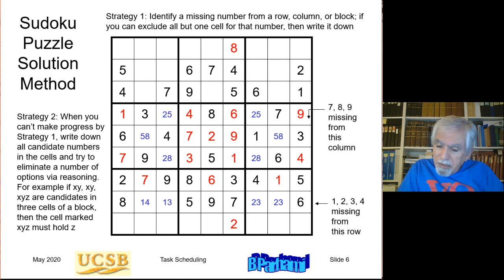Therefore, that cell should be 1. And once 1 is chosen for that cell, 1 cannot occur there. So you notice that even though there were two choices for each box, by using this reasoning that 2 and 3 will be taken by these two cells, and therefore they cannot occur anywhere else, I was able to resolve that problem. But of course, I can't resolve this part of the ambiguity yet.